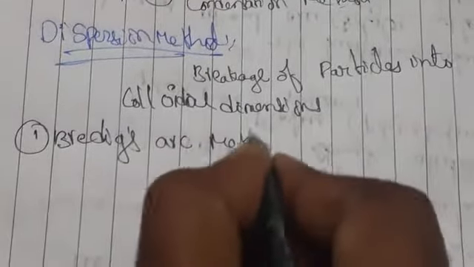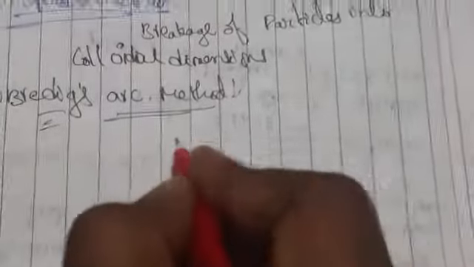This has different types of methods. The first one is the Bredig-Sark method. What is the first method? Bredig-Sark method.